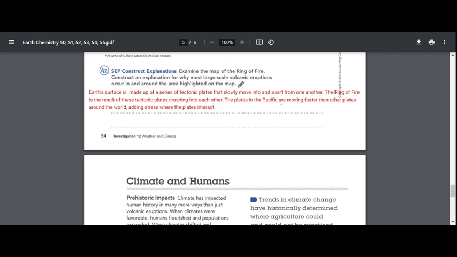The plates in the Pacific are moving faster than other plates around the world, adding stress where the plates interact. So again, these tectonic plates that are moving faster are what's causing the massive volcanic eruptions in the Ring of Fire.